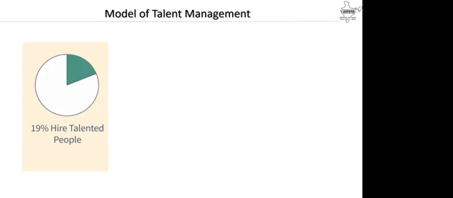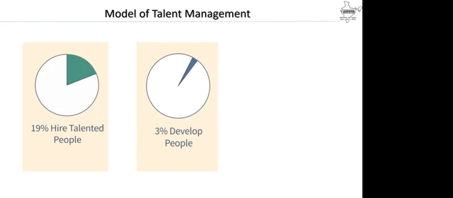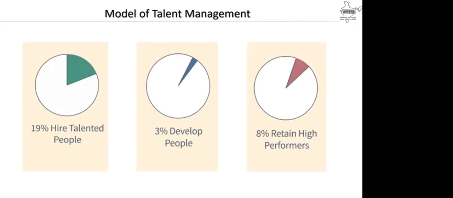Only 3% said that they regularly develop their people. And this was a global survey. Another 8% said that they do everything to retain their high performers. So the numbers are abysmally low.